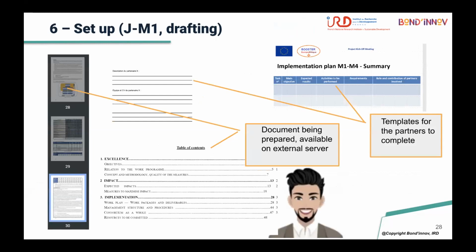As you can see, Alfonso has the draft of the proposal, in which we have the description of the partners, the resumes, the table of contents, all the documents that need to be prepared, the implementation plan, summary, the budget, and so on.